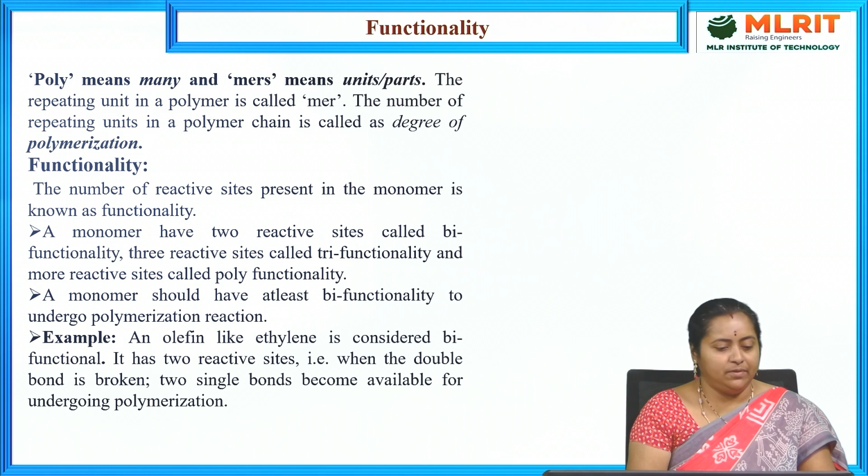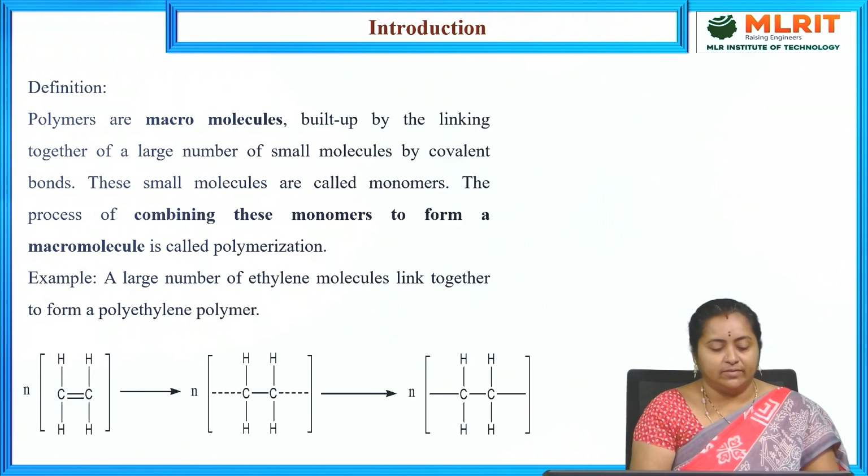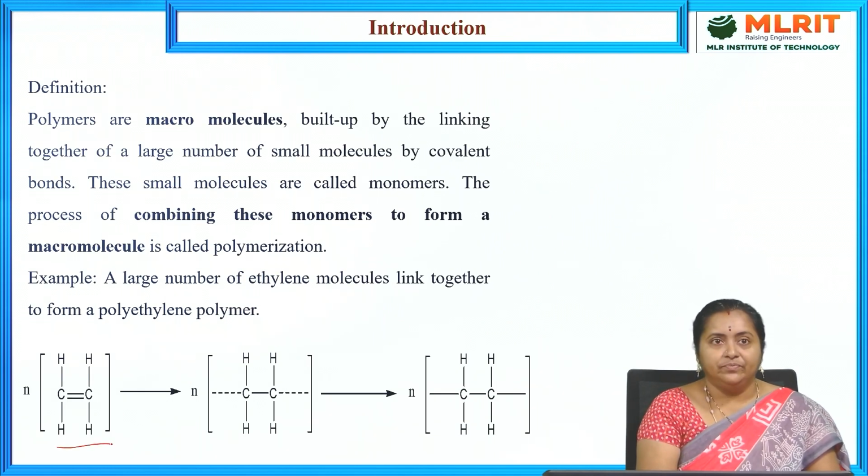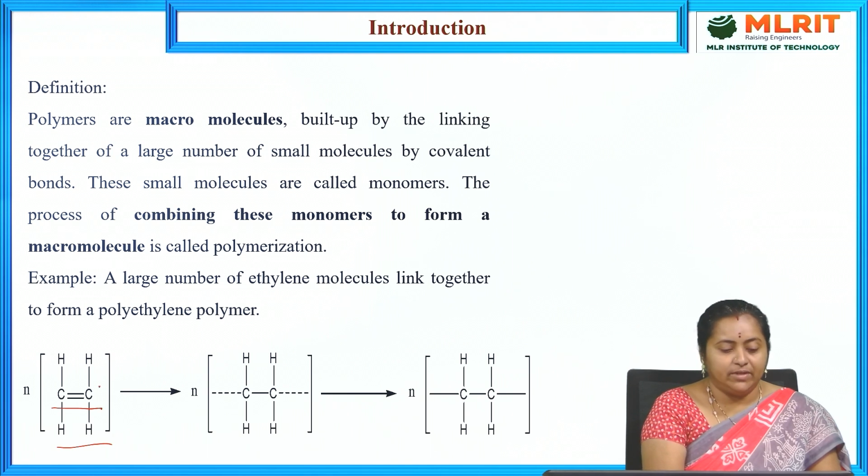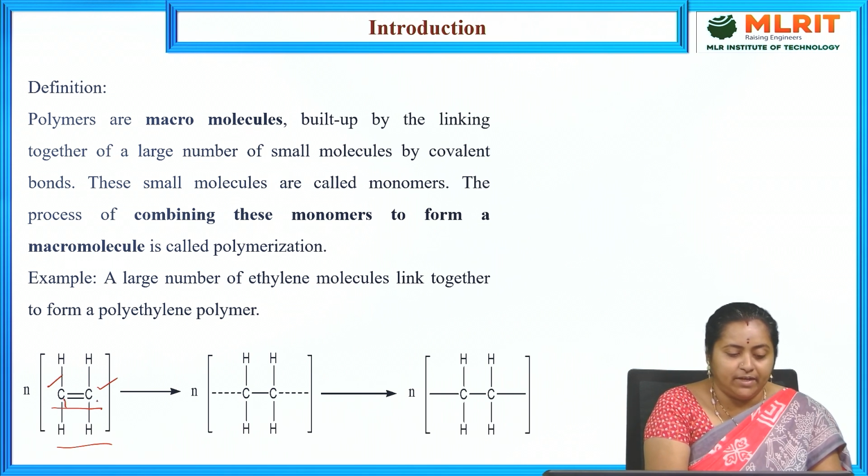Say for example, if you notice the previous reaction, that is ethene or ethylene, in which we have considered n number of moles. In this, how many reactive sites or bonding sites are present? That means how many reactive sites are participating in the polymerization. These are the carbons participating in the polymerization reaction, say 1 and 2.